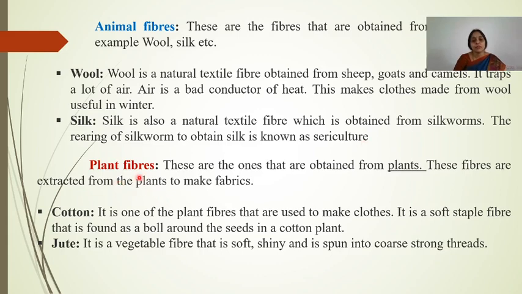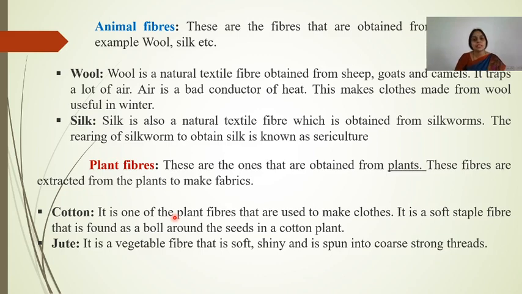Next, plant fibers. As the name indicates, these are obtained from plants, right? An example is cotton. Cotton is obtained from the cotton plant, basically from the seed part when it starts flowering. That flowering part gets converted into cotton. There are different stages where the color changes, which you studied in class 7. Later that becomes cotton.